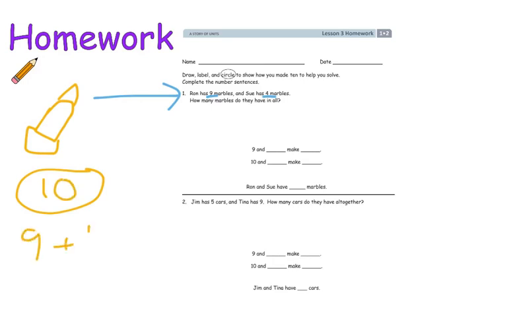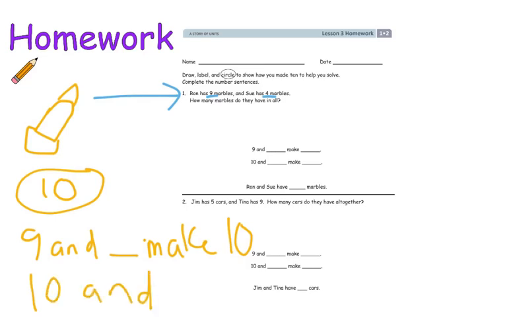Tell me how you made your group of 10. Oh, this one, it actually uses the words. Sorry, let me fix that for you. 9 and something make 10, and then 10, and you're going to finish solving that.